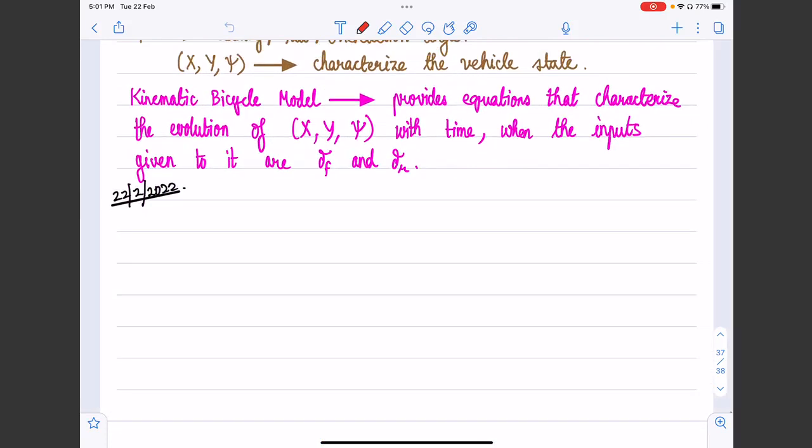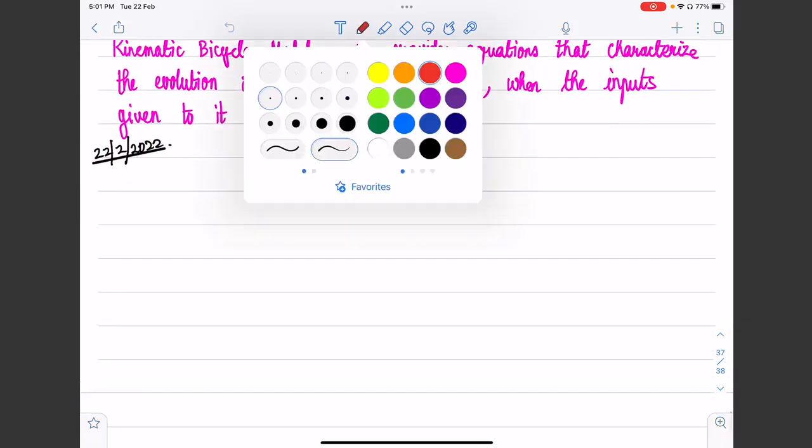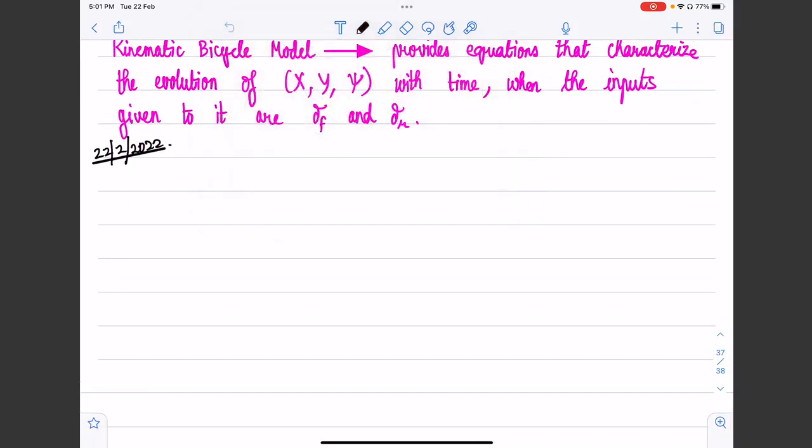The inputs given to the model are going to be the steering angle, in addition to information on the vehicle speed and so on. Now, if we look at the capital X, capital Y axis, which is the global frame of reference, we can immediately write down the evolution equation, and then we are going to simplify and get the final equations of motion as far as the kinematics.